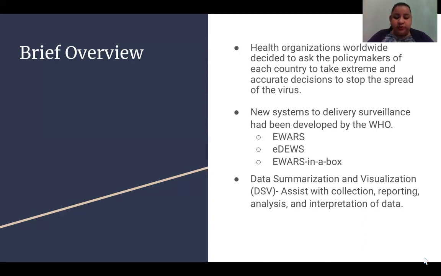However, due to the promptness of the spread of COVID-19, systems such as eWARS, the early warning alert and response system, had to be implemented, or electronic disease early warning systems, and the eWARS in a box had to be complementary to eWARS since many areas were closed or quarantined.